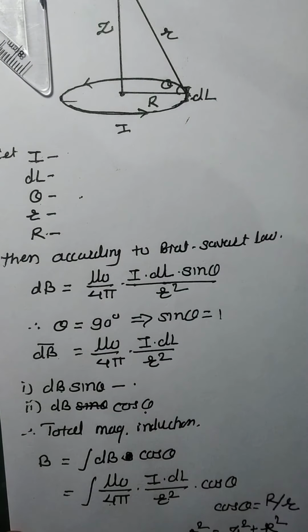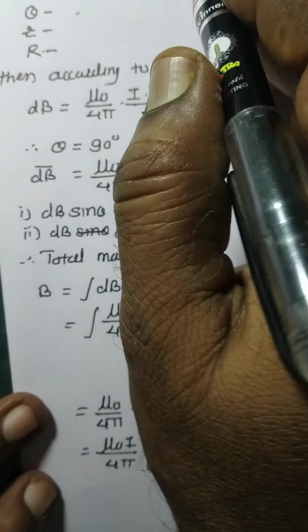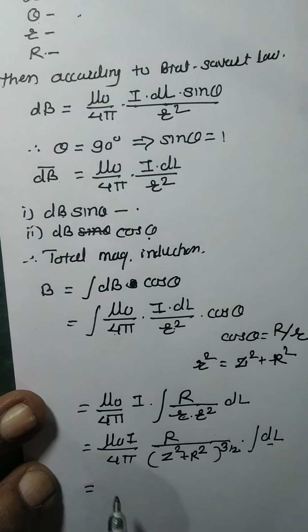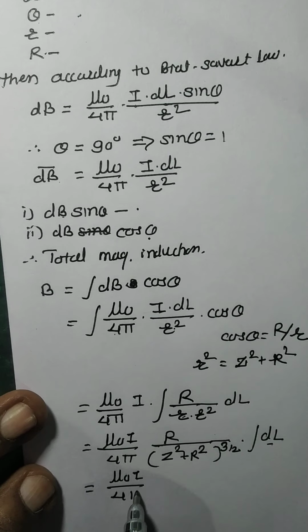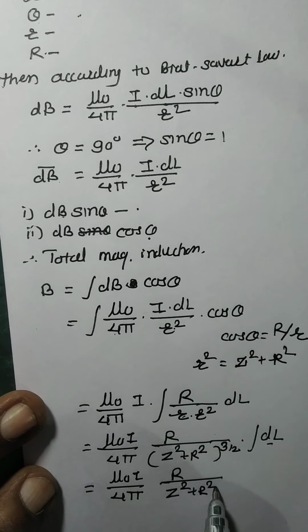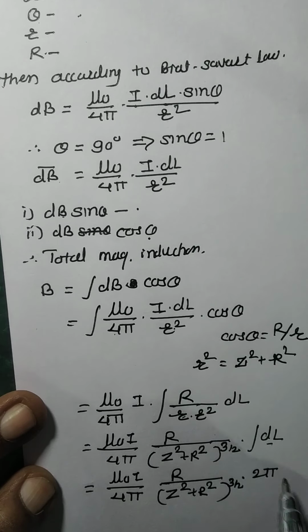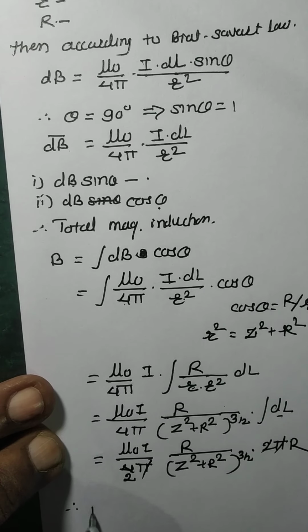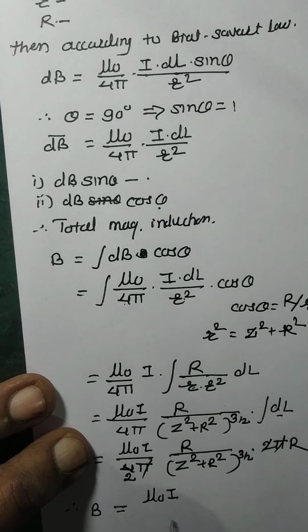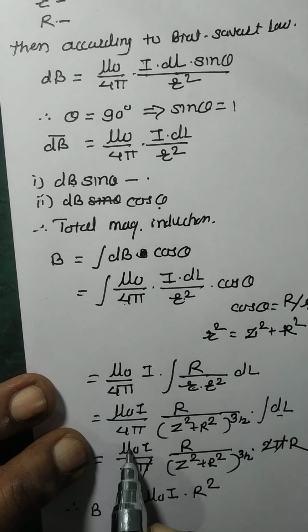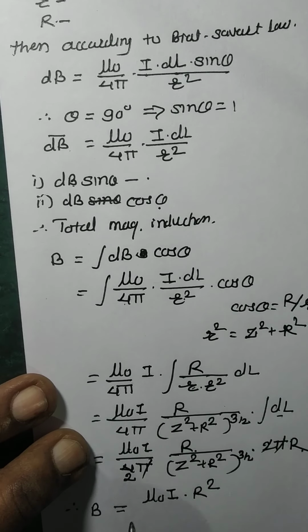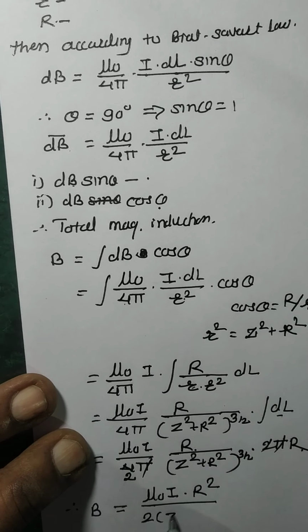dl is the length of the small element, and the total length is the circumference, so we get mu naught I divided by 4 pi into R divided by z square plus R square raised to 3 by 2 into 2 pi R. Pi cancels pi, and 2 divides 2, and therefore magnetic induction along the axis is mu naught I R square divided by 2 into z square plus R square raised to 3 by 2.